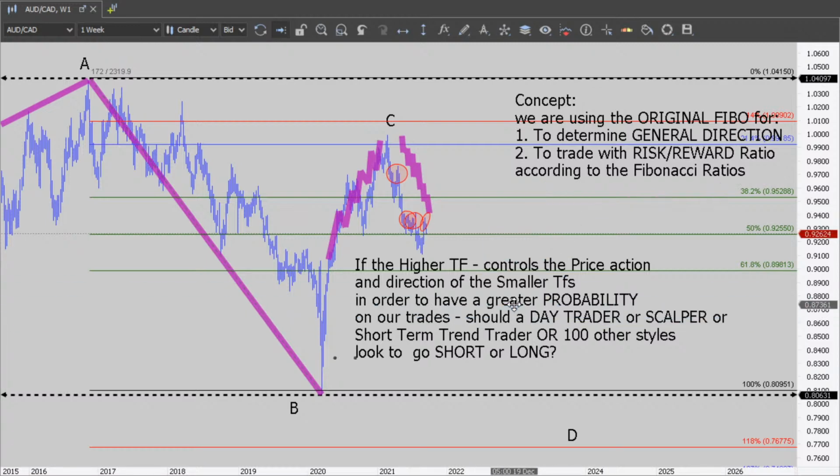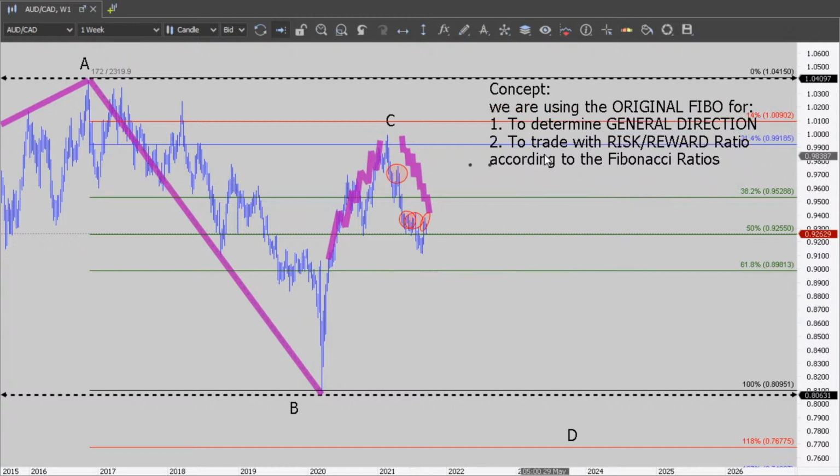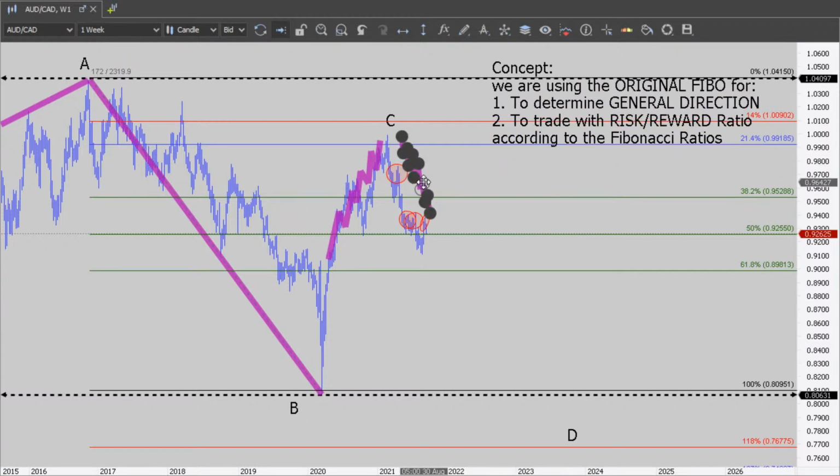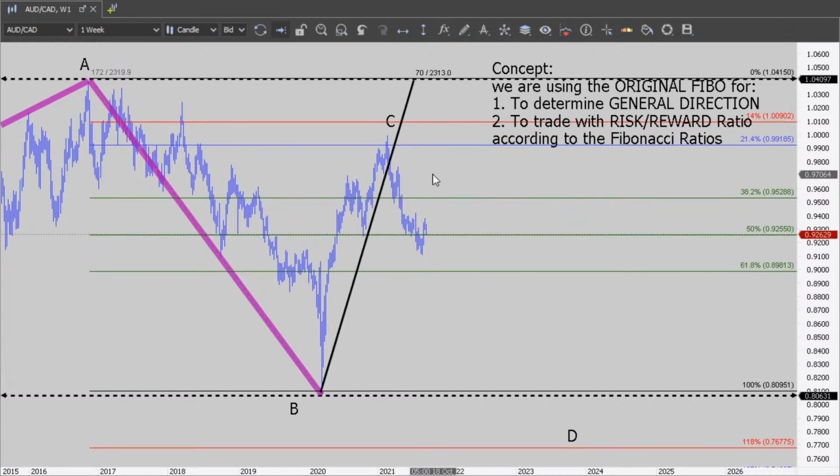So, talking about the Fibonacci, everybody, this is the original Fibonacci on the AUD weekly chart. This was the counter trend line.